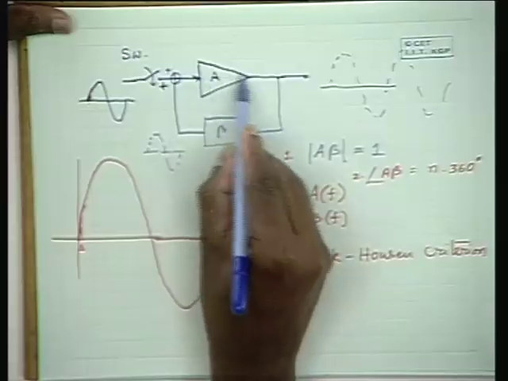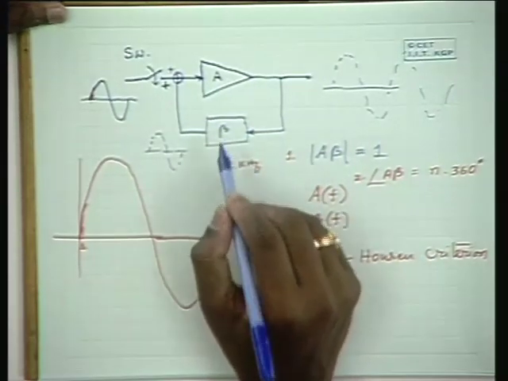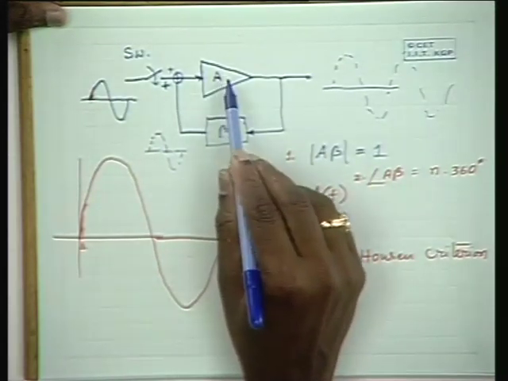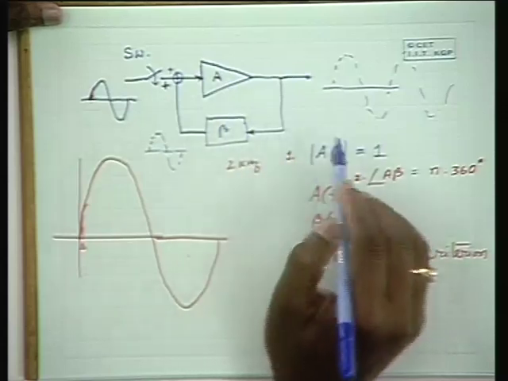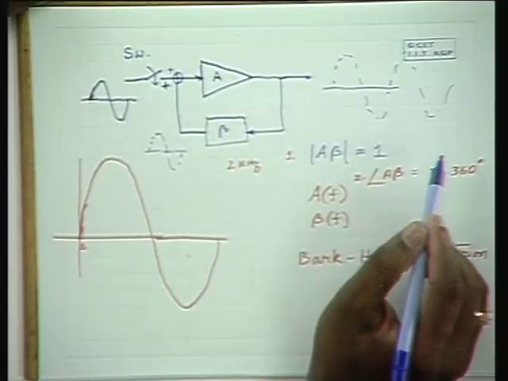Now, therefore, in an oscillator we need an amplifier with some gain A, and a feedback network with some gain beta, and we should see that A into beta is equal to unity in magnitude, and the angle is n into 360 degrees.